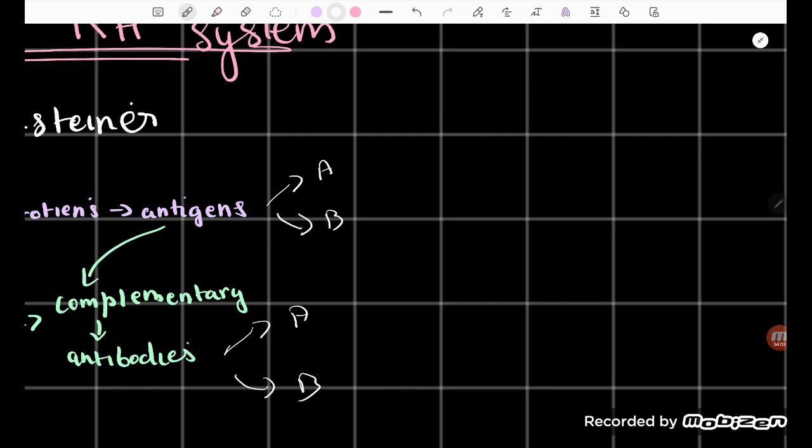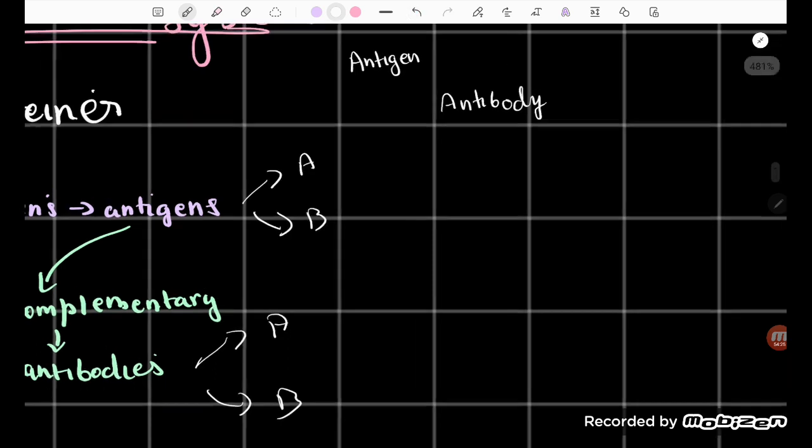A person having A antigen will have, let's talk about this, so we'll write antigen, antibody. I'm telling you, complementary.